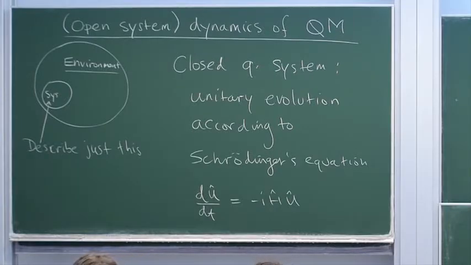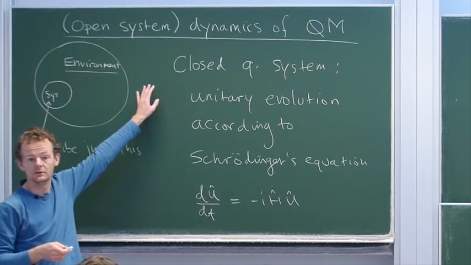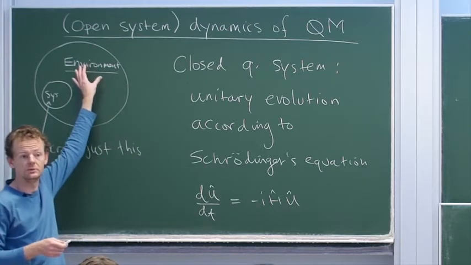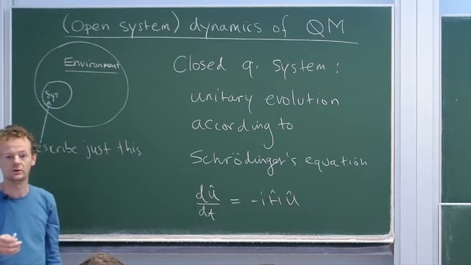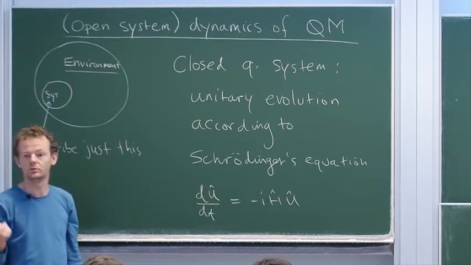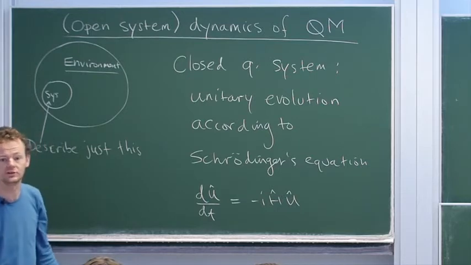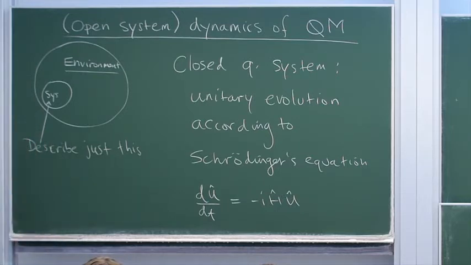But as you are no doubt aware, normal systems that we interact with every day are not closed. There is this environment, which could be some electromagnetic field you cannot isolate from the system, or some vibrations in the room, or any number of possible other sources of noise.